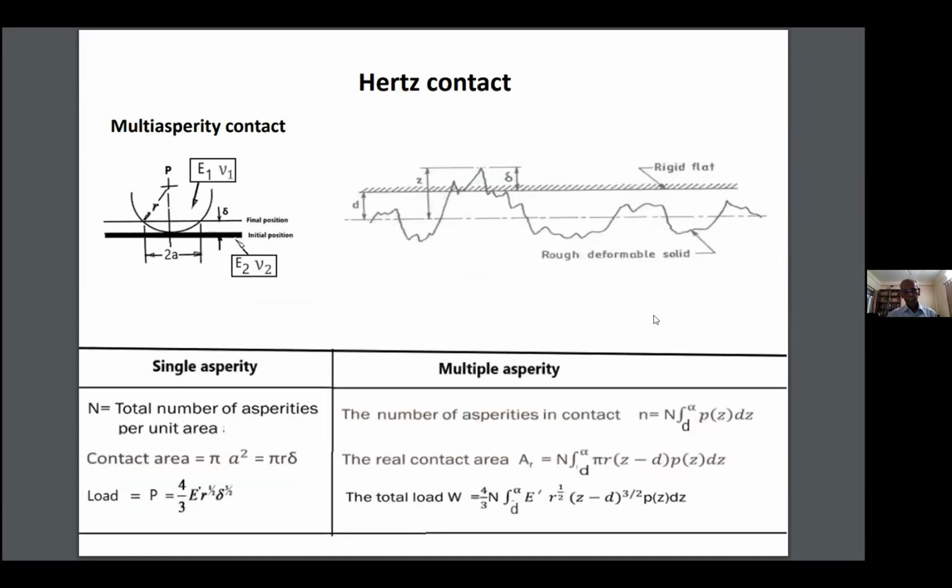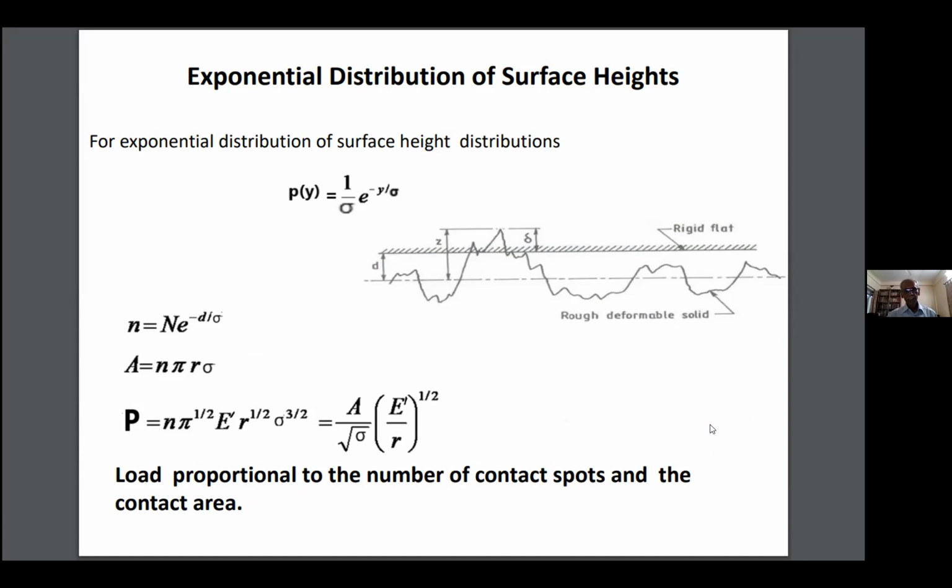Now this was simple because it is easy to integrate these equations with the exponential distribution, which is simply 1 by sigma e to the power minus y by sigma or z by sigma. This is a simple integral, and we can do it analytically, and that's why it was easy to get these expressions.